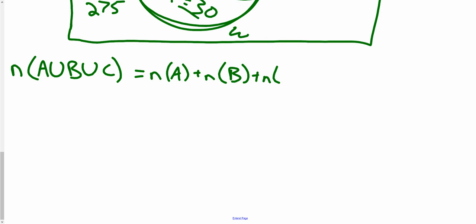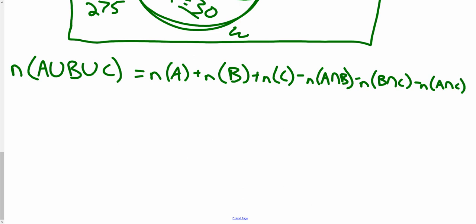You're going to take the number for A, plus the number for B, plus the number for C, and then you're going to subtract.